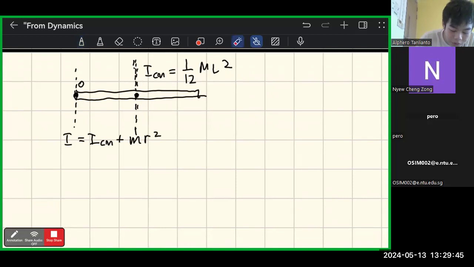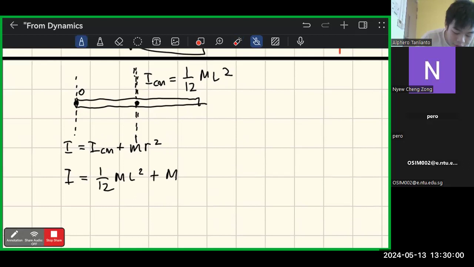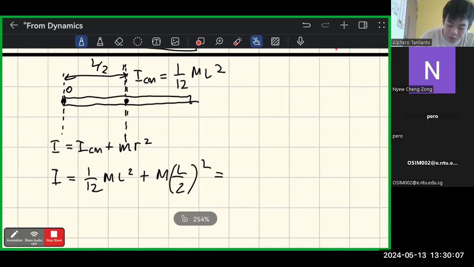R is the distance between the center of mass and point O. So I here equals 1/12 m L squared plus m times R, which is L over 2, squared.